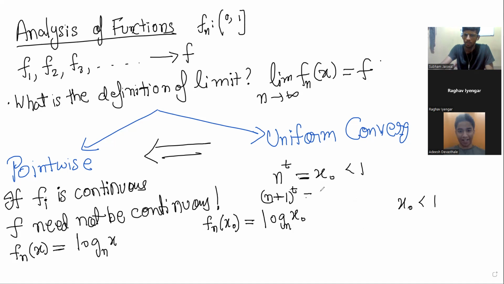But that does not imply it goes to minus infinity. Yes, you're right. You can take any t and then increase n large enough so that it becomes more than x naught. Then it has to go to minus infinity, I think, right?